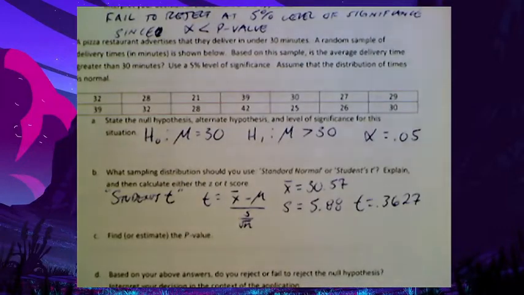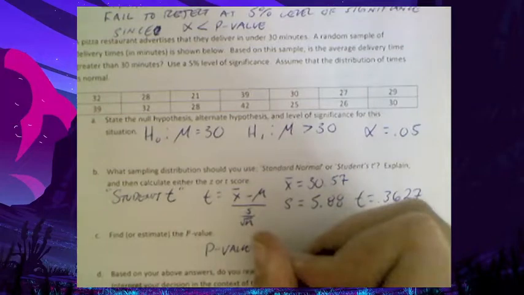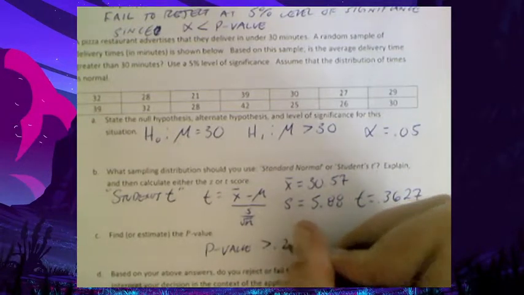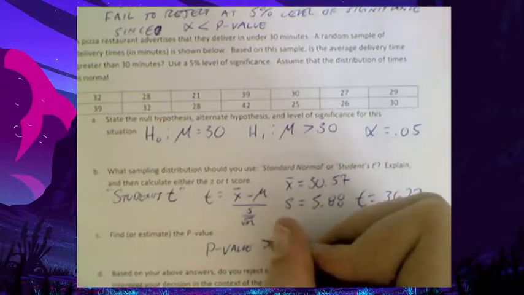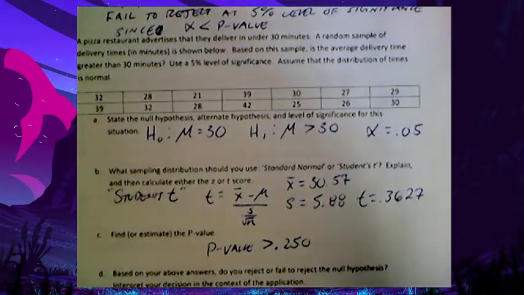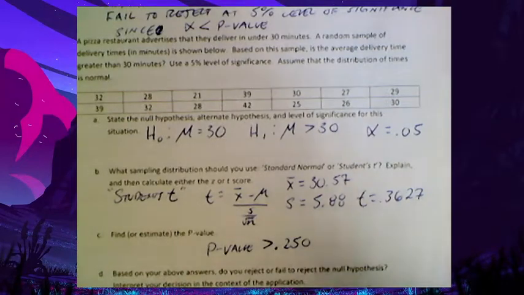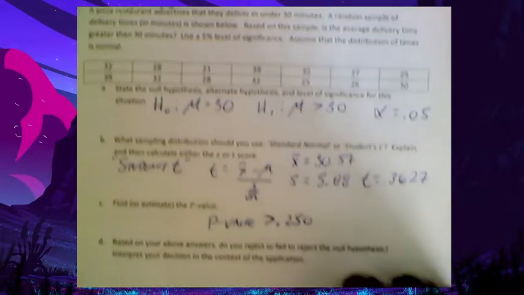So all I know about my p-value is that it is greater than 0.250, right? And we don't really care about the specific value purely because we're only looking at it compared to the actual alpha there. If you do care about the exact value, it does end up being about 0.36 if I remember correctly.